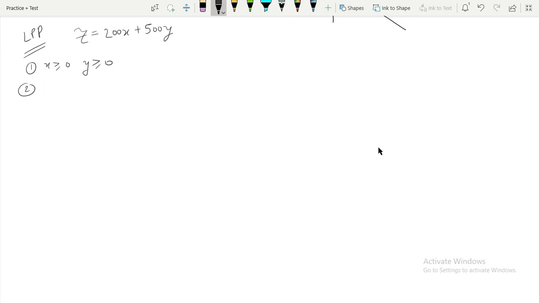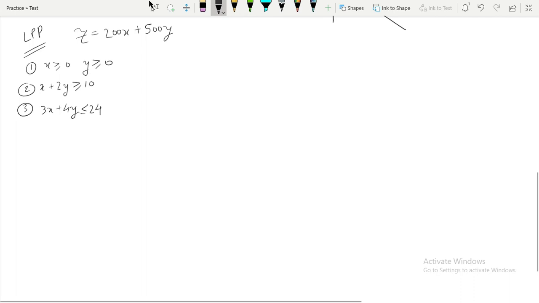Second is x plus 2y is greater than or equal to 10. Third is 3x plus 4y is less than or equal to 24. Now we would be plotting this in the graph and finding out the possible answers for it.